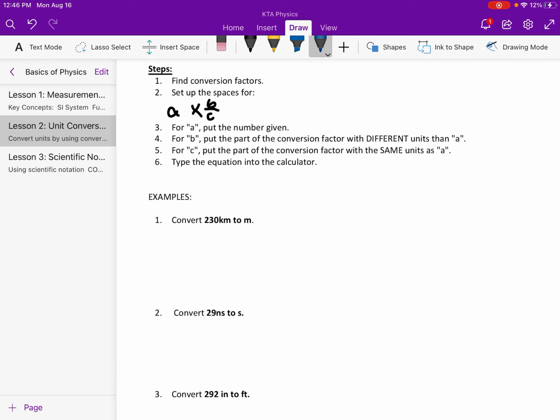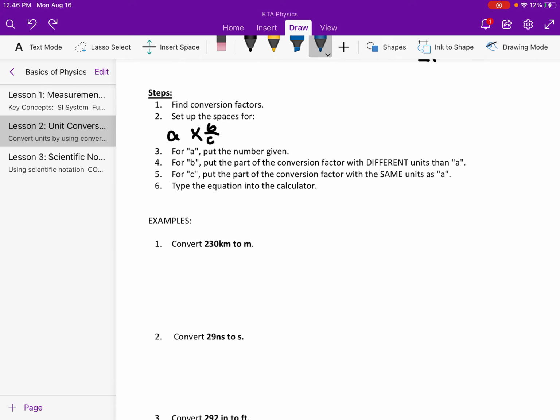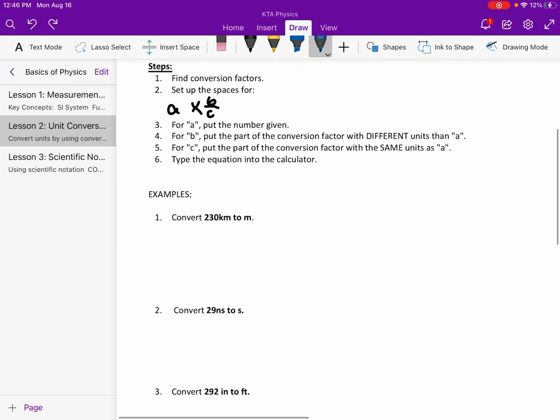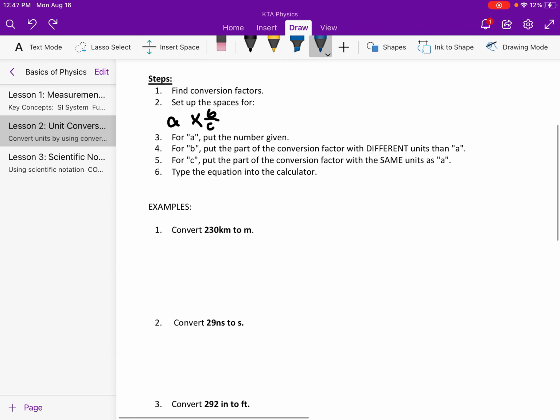A would be the number that's given, like in number 1 that we're going to deal with, 230. B is the part of the conversion factor in the equation that has different units than A, and C would be the one with the same. And then you just type that in the calculator. So let's see what that means.